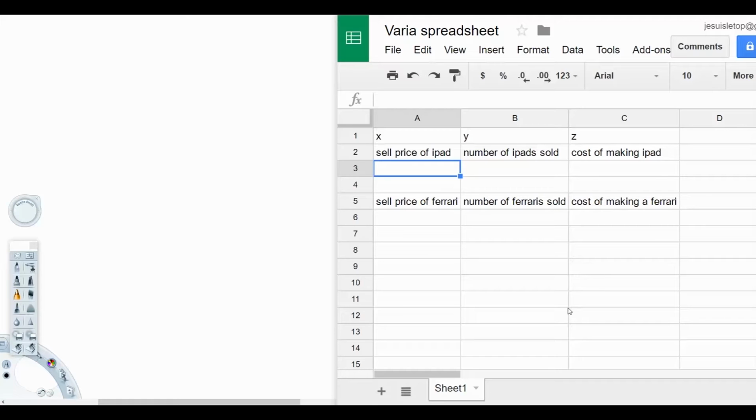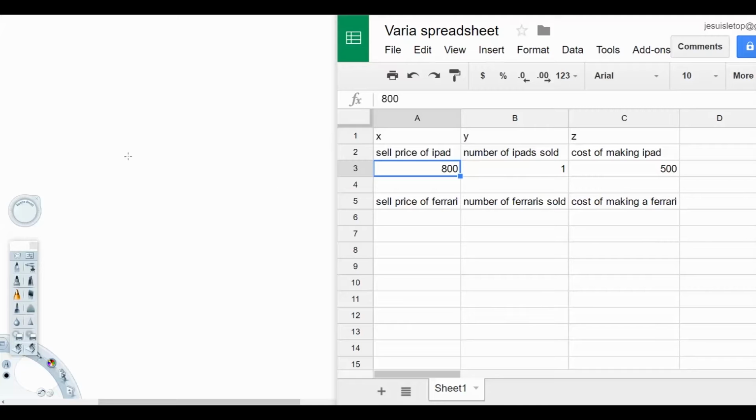So the sale price of an iPad, let's say, is $800. And you sold one iPad. And it cost you $500 to make an iPad. Well, in this case there's only one, right? So here, you sold one iPad for $800.